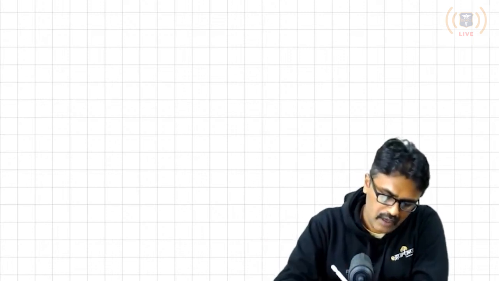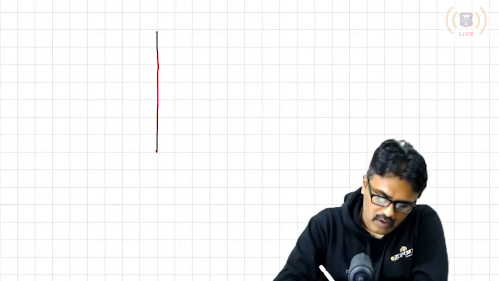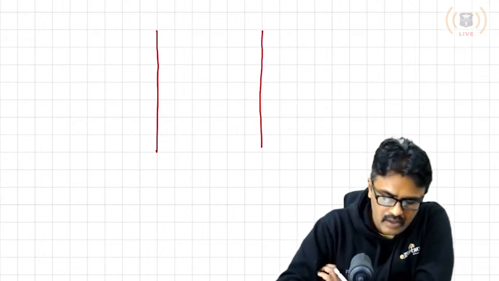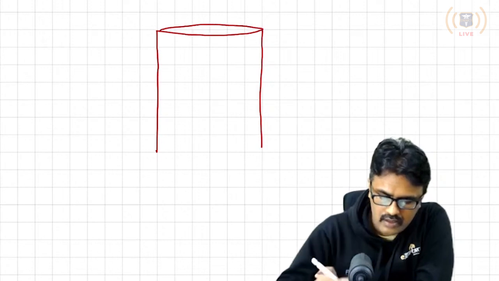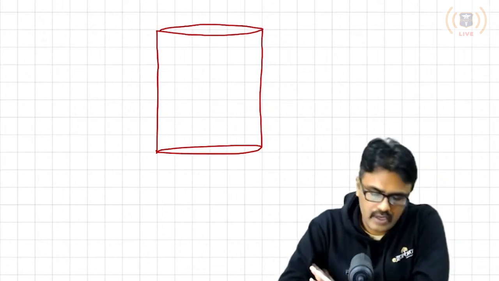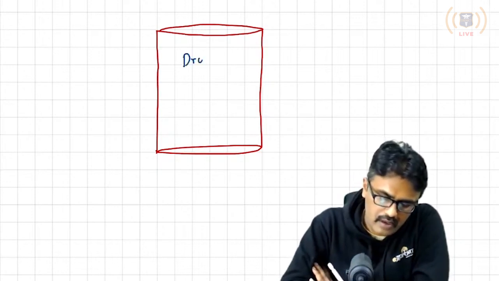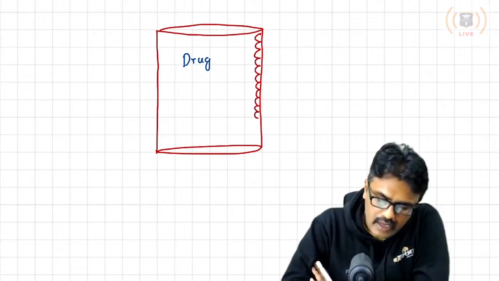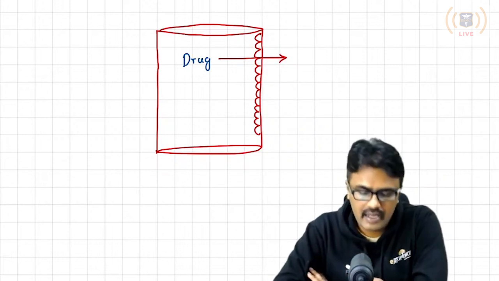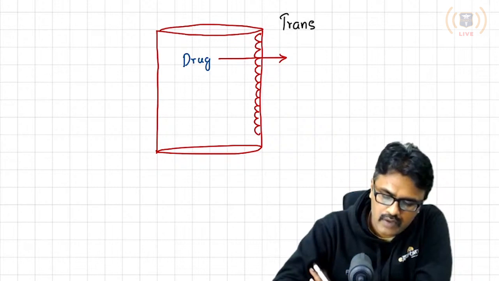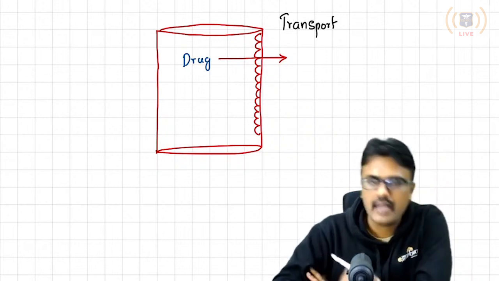Now let me take the classical example of paracetamol. This is the intestine. And now the drug from the site where you are given has to move inside. It has to get absorbed into this. And there we have some transport mechanisms.